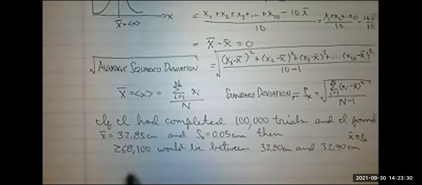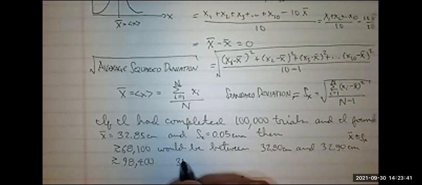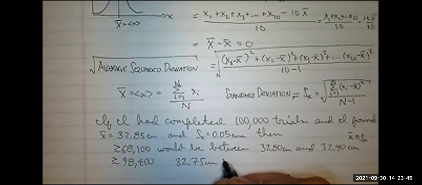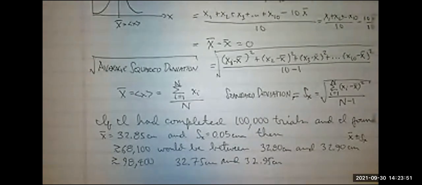And in fact, 98,400 would be between 32.75 centimeters and 32.95 centimeters.